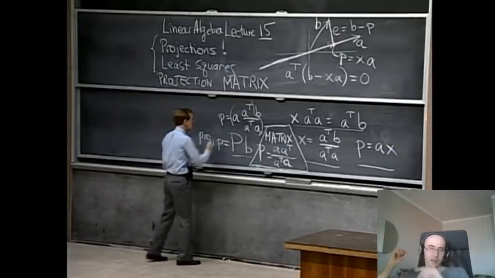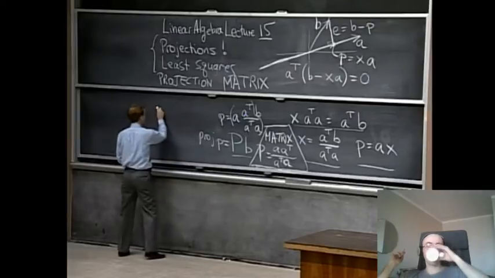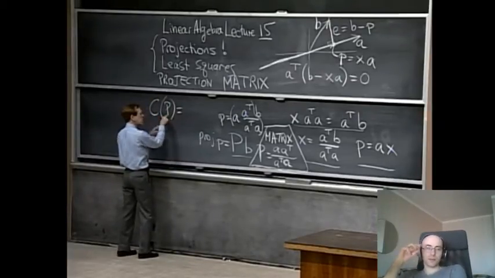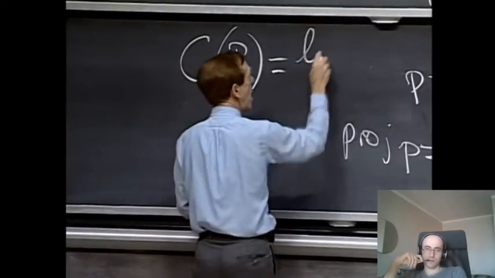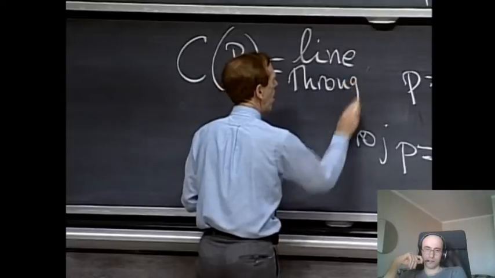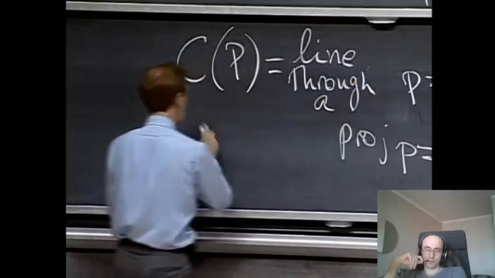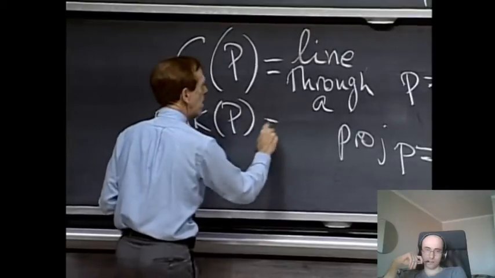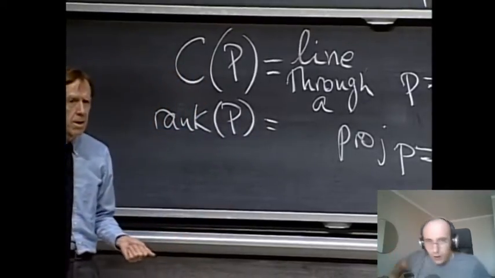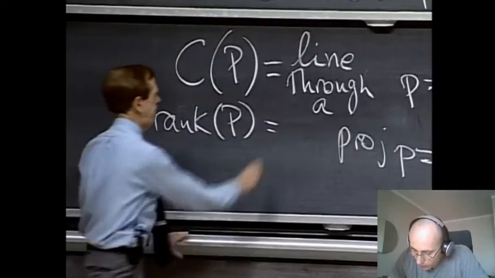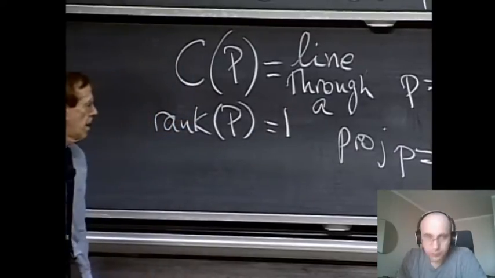So here are facts about this matrix. The column space of this projection matrix P is the line through A. And the rank of this matrix is, you can all say it at once, 1. Right. The rank is 1.